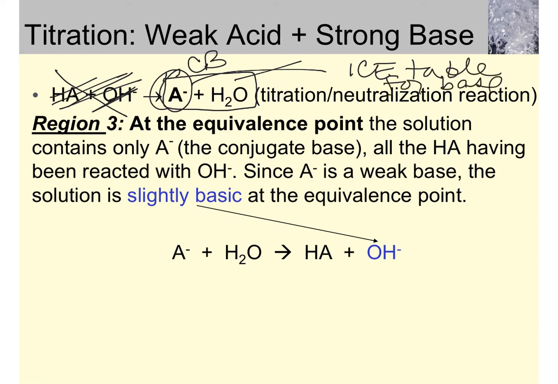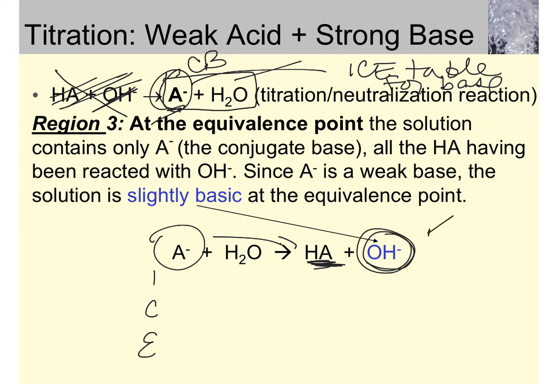That's all you have left. All you have left is this weak base present. And so you're simply going to set up the ice table for this weak base in water. It's going to in part regenerate a bit of the original weak acid, but more importantly, that reaction is going to cause a little bit of excess production of hydroxide.